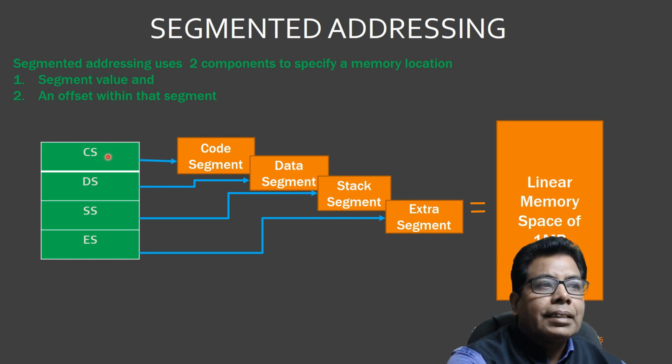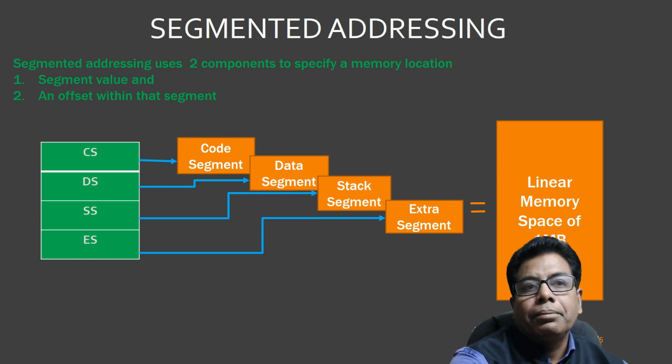CS, that is code segment, is the register, and here we have the memory which is called the code segment. Then for data segment register, we have the data segment memory. Then for stack segment, we have the stack segment memory, and for extra segment, we have the extra segment memory. So this all will correspond to linear memory space of 1 MB.